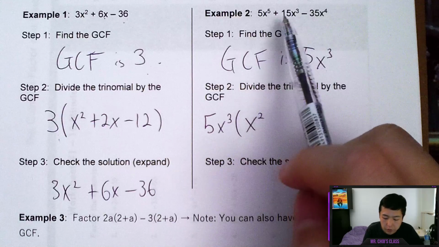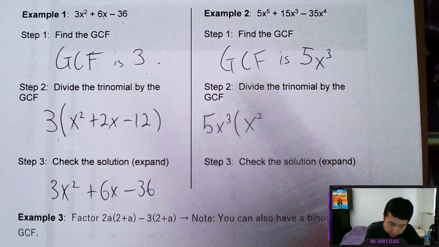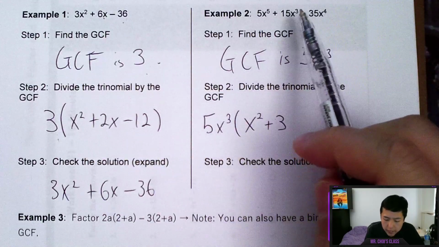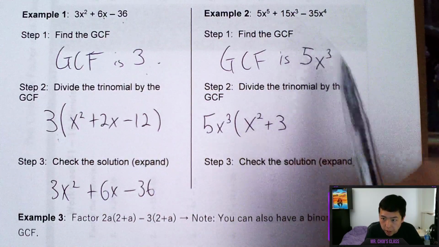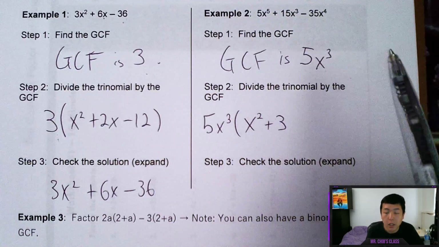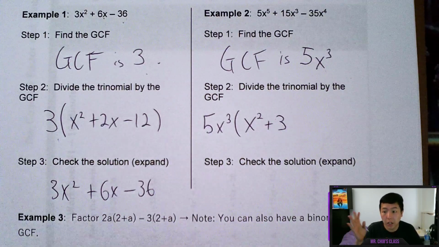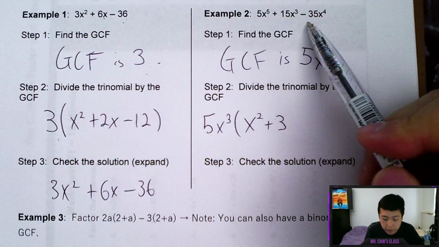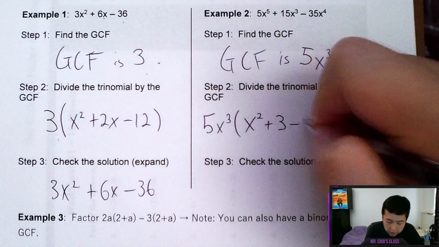The next one, 15 divided by 5 is 3. So we write the 3. And x cubed divided by x cubed is 3 minus 3, which is 0. It's gone, so we don't write it. The next one, negative 35 divided by 5 is negative 7.